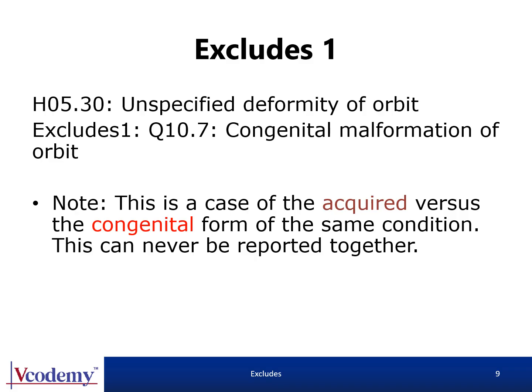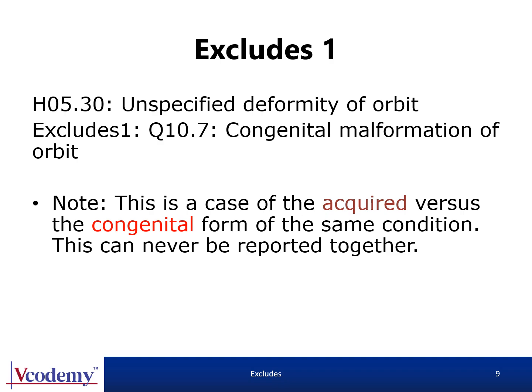So this is a typical case of Excludes 1. This is the case of the acquired versus the congenital form of the same condition, and this can never be reported together. An acquired condition is something which the patient acquires during the lifetime, whereas Q10.7 is a congenital condition which is present at birth.